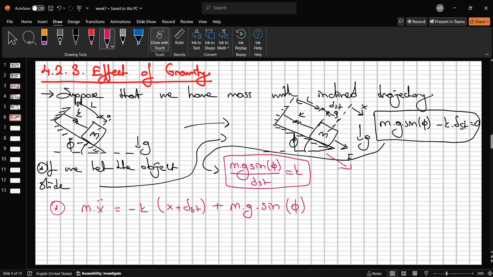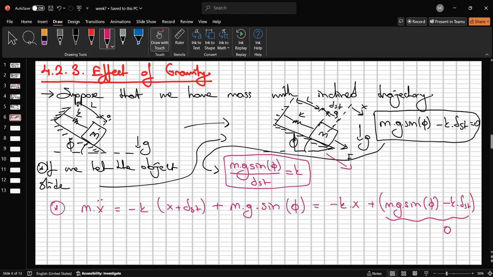Everyone understand that? If this is the case, just remember that we have this formula, right? K times delta st is equal to mg sin phi, right? So if this is the case, minus k times x plus mg sin phi minus k delta st is equal to 0.